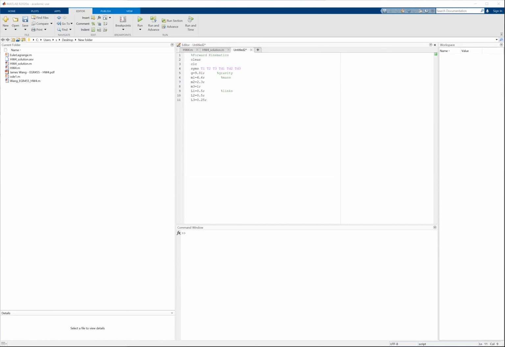M2 is the second mass in kilograms. M3 is the third mass in kilograms. Length L1 is 0.5. Length L2 is 0.5. Length L3 is 0.25. Any questions here?